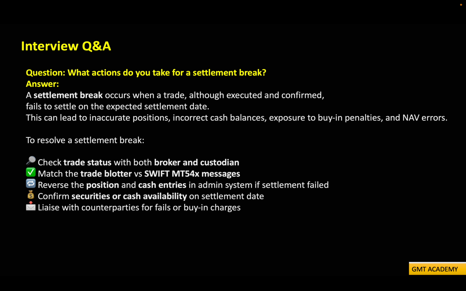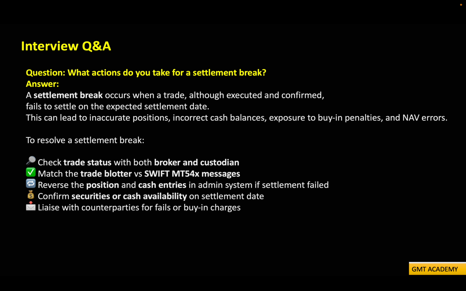The client sends a file every day by email; somebody calls it the trade blotter, somebody the client file, somebody the trade file. Whatever trades they have done that day, every piece of information is available: price, quantity, settle date, trade date, and currency. So cross-check every detail in the trade blotter.